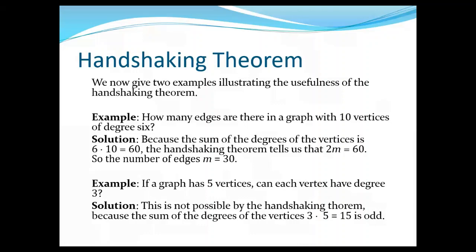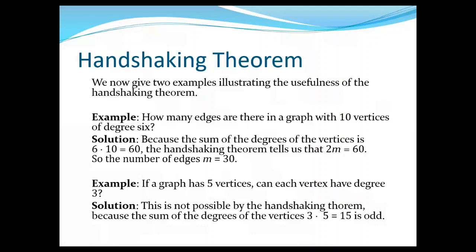But in case a graph has 5 vertices, each of degree 3, we cannot use theorem number 1, since 3 times 5 is odd. If we used the handshaking theorem, it would give us 7.5, and definitely there's no half edge.